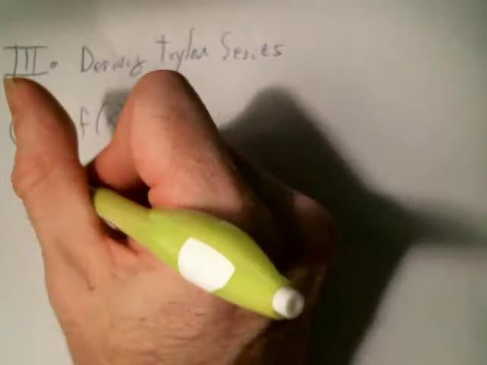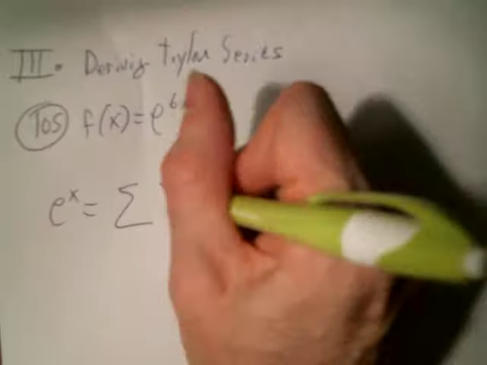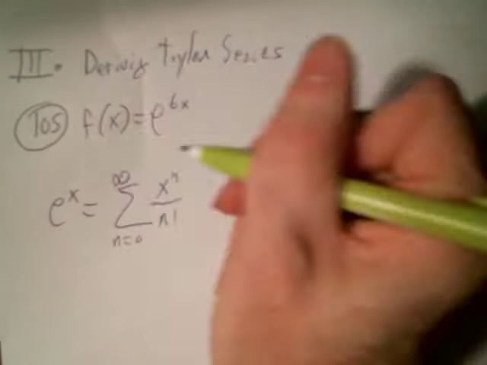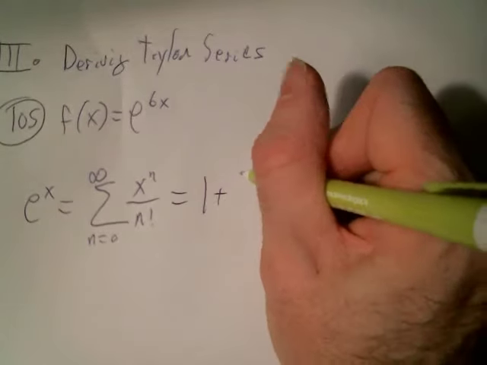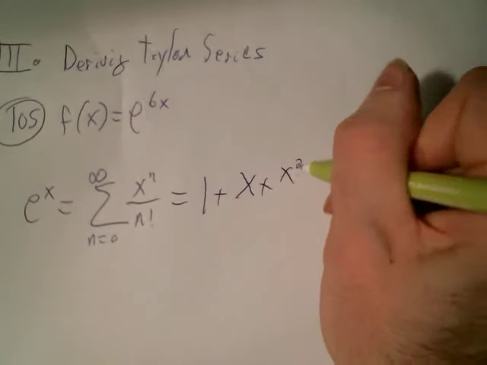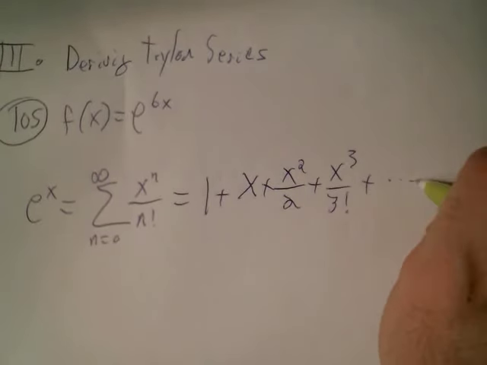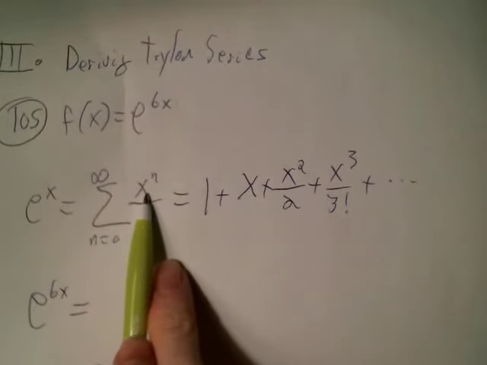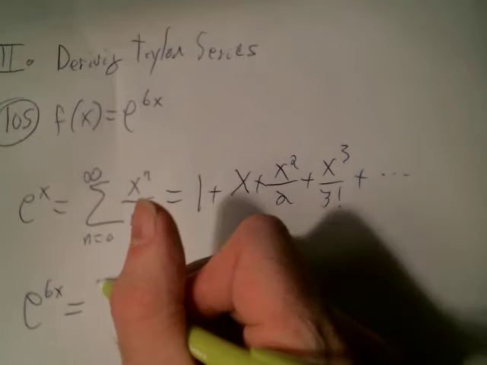In the tables, I look for e to the x, and I find that it's the sum of x to the n all over n factorial from n equals 0 to infinity. In other words, 1 plus x plus x squared over 2 factorial plus x cubed over 3 factorial plus dot, dot, dot. So to find e to the 6x, you just replace x wherever you see it with, guess what, 6x. And that'll do the job.